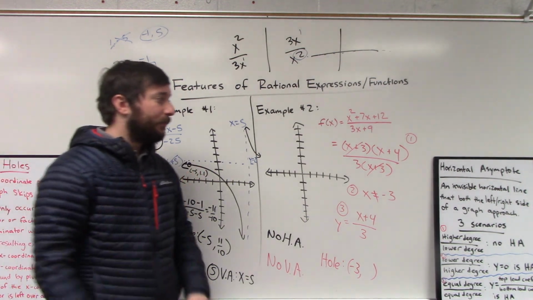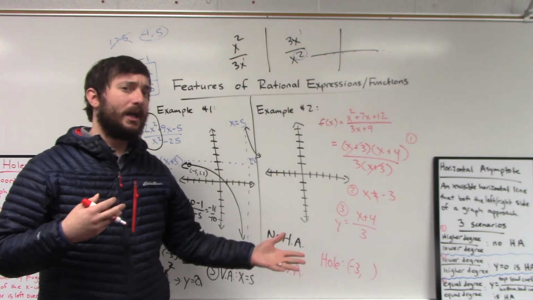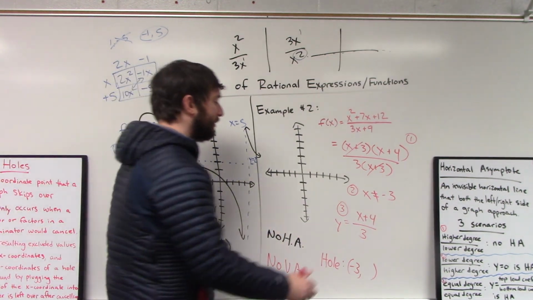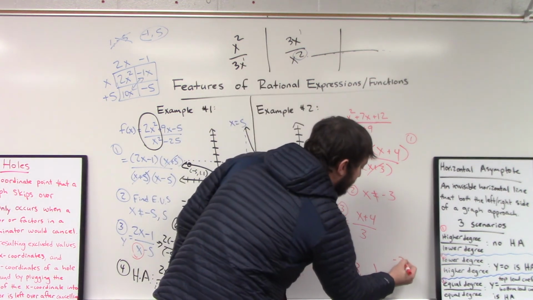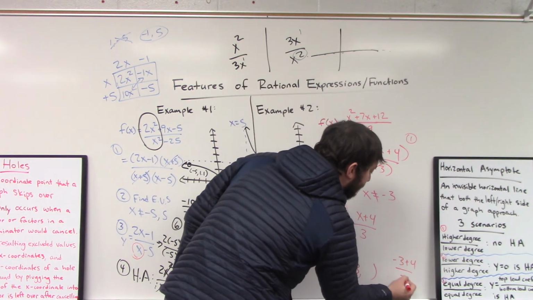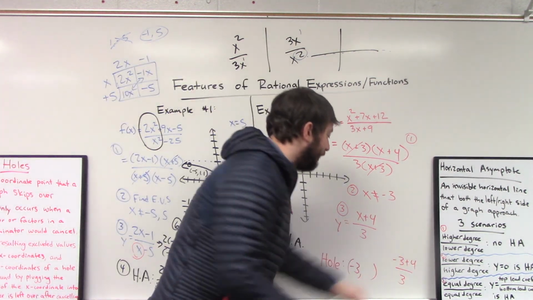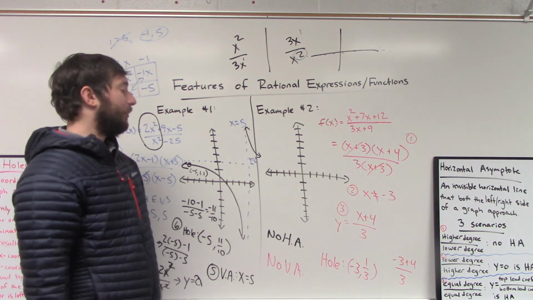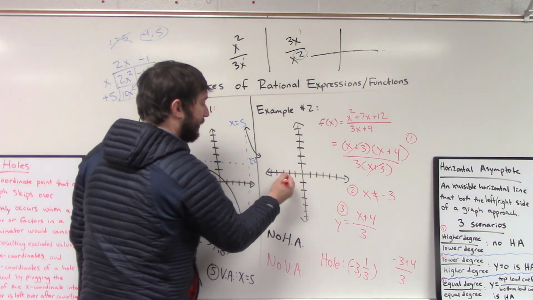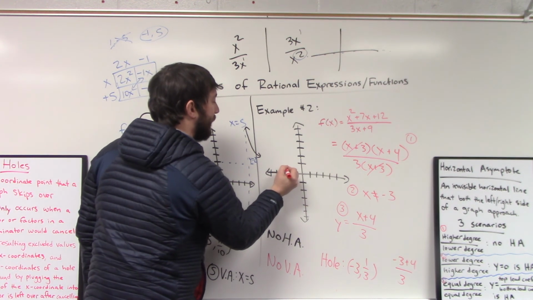Holes always come from parentheses that cancel. x cannot be -3. -3 comma what? Well, we'll take that -3, plug it into x, see what we get. That'd be -3 plus 4 divided by 3. -3 plus 4 is 1, divided by 3. That is our hole. So apparently at -3 comma positive 1/3.